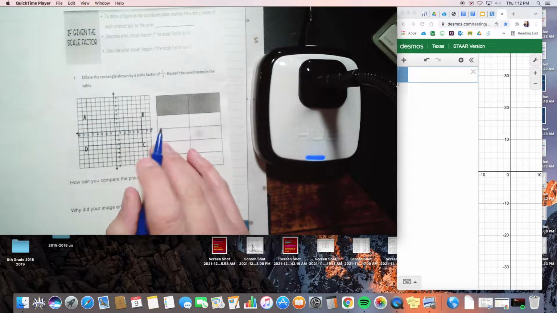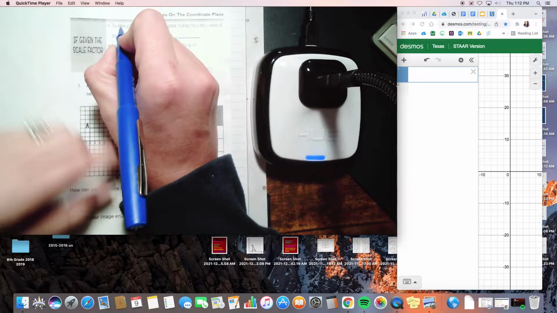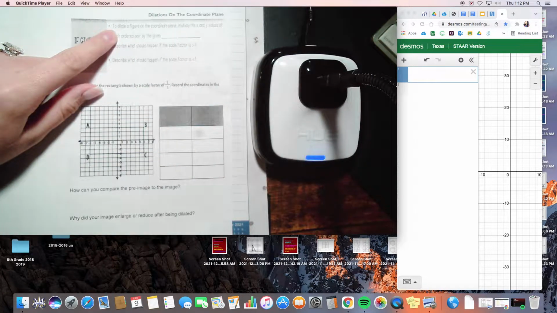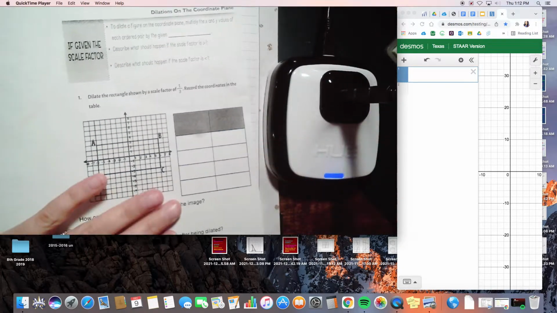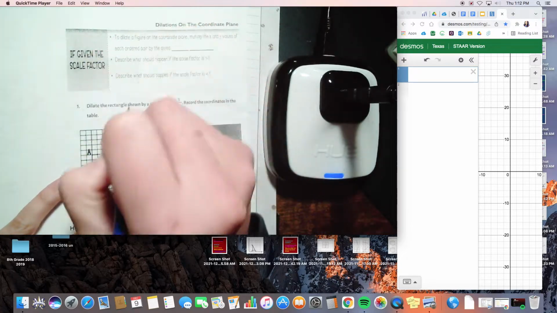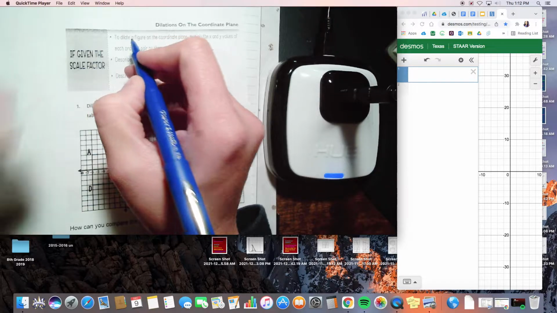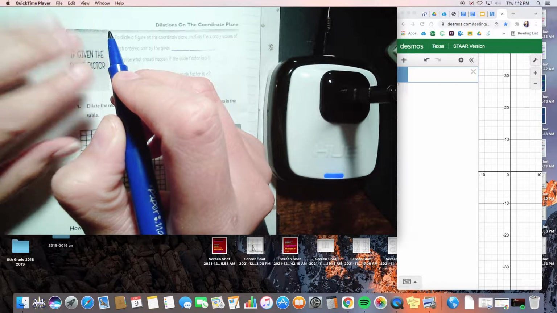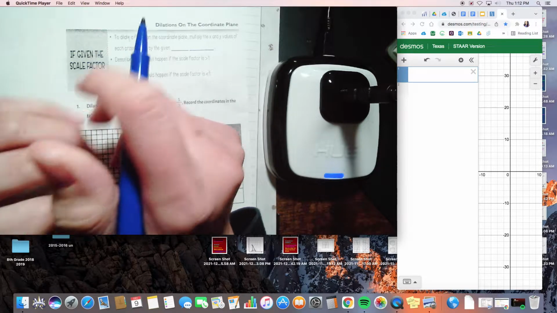To dilate a figure, we already know that when we dilate a figure, let me zoom in a little bit. It's a little blurry, sorry guys. When we dilate a figure, we're multiplying it by a scale factor, and it changes the size. So we have an original figure, and then we dilate it to either make it grow or make it shrink.